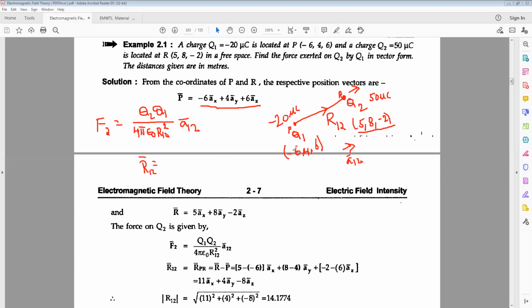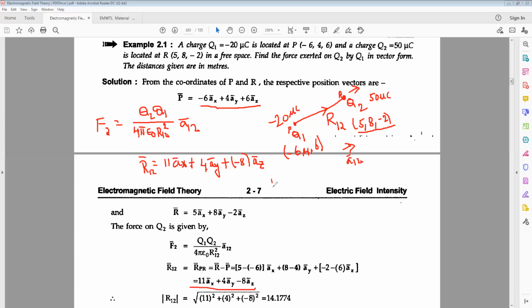Take from the receiving end to the sending end, the subtraction of values of each coordinate. 5 minus of minus 6 is 11 AX bar, plus 8 minus 4 is 4 AY bar, plus minus 2 minus 6, totally minus 8 AZ bar. You get 11 AX bar, 4 AY bar, and minus 8 AZ bar.